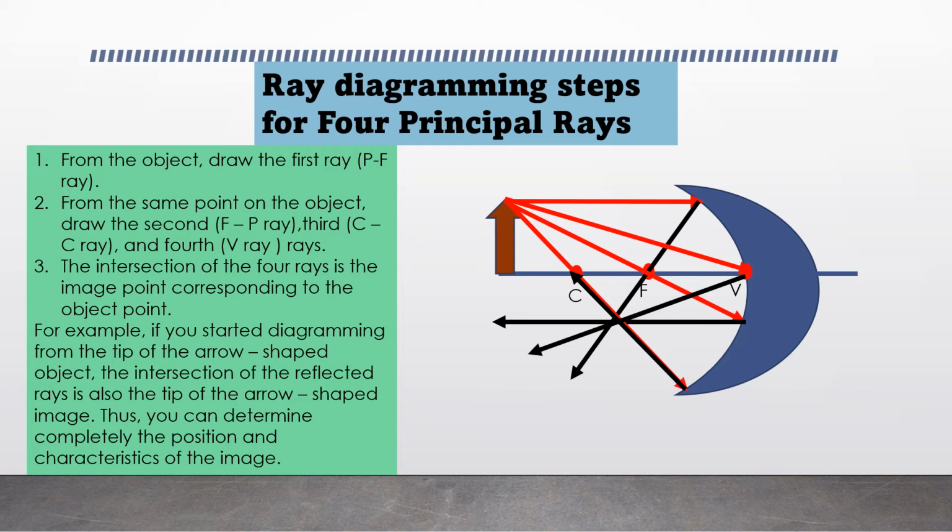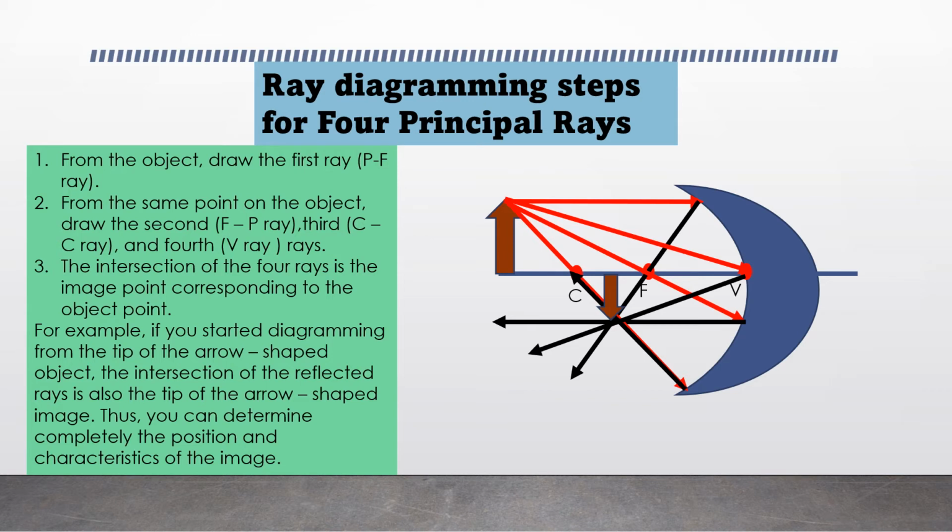If you started diagramming from the tip of the arrow-shaped object, the intersection of the reflected rays is also the tip of the arrow-shaped image. Thus, you can determine completely the position and characteristics of the image. So, at the intersection, the meeting point of the reflected rays, place the tip of the image. Like this. That's it.